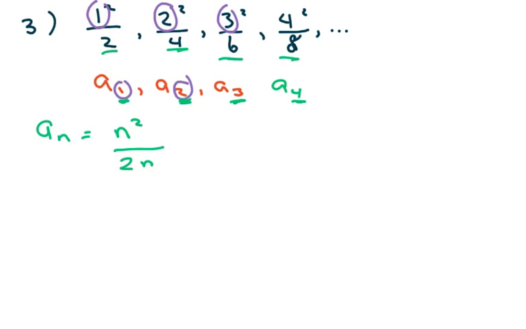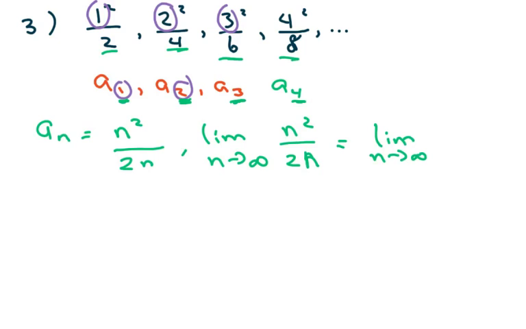All right, so now we're going to take the limit as n approaches infinity of n squared over 2n. And I'm going to simplify that. I'm going to get n over 2. N over 2 is the same as 1/2 times n.